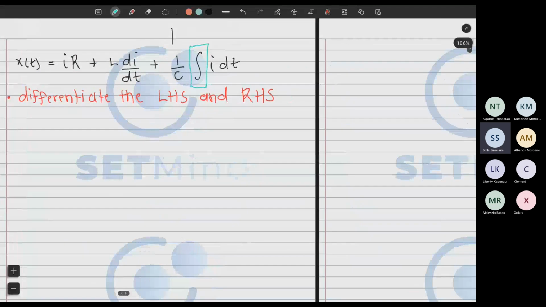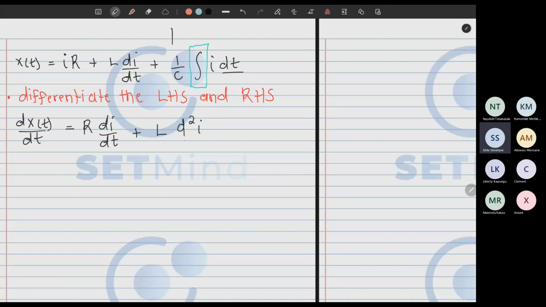So now if we differentiate the left-hand side and the right-hand side, the left-hand side will have dx(t)/dt equal to, now we'll have R di/dt, because we are differentiating with respect to t, because there we're integrating with respect to t, plus now we have L, we had already the first derivative and we are differentiating again, so it should be the second derivative. And then plus 1 over C times I. When you now differentiate, the integral disappears and you are left with that.